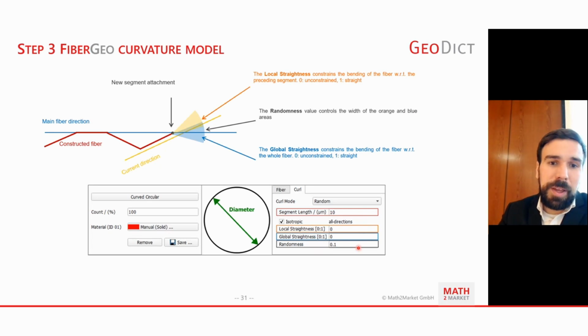And then we have the randomness that is necessary to get some kind of deviation from a straight path at all, and to get some random behavior in there. But as you can already see, it's not so nice that these parameters don't come out of FiberFind.